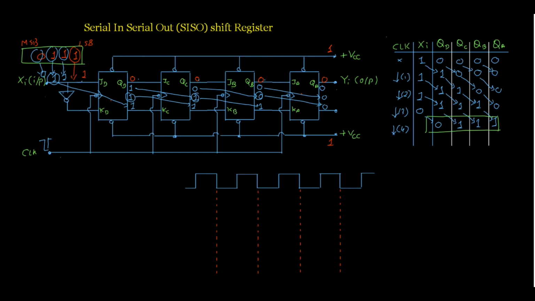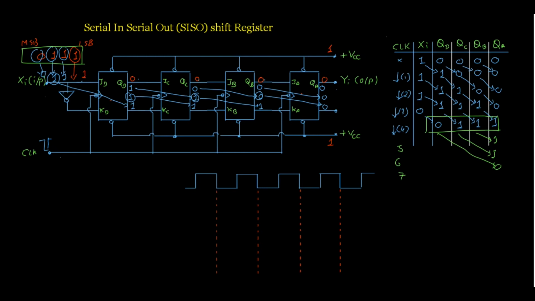Now remember, when we apply the fifth clock pulse, then this one will appear in the output. With the sixth clock pulse, this one is going to appear in this output, and when the seventh clock pulse is applied, then this 0 will appear in this output.